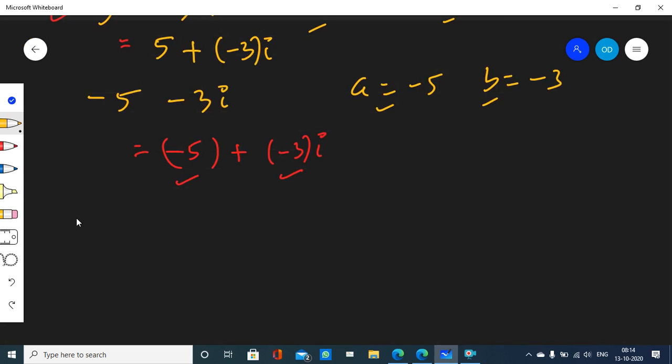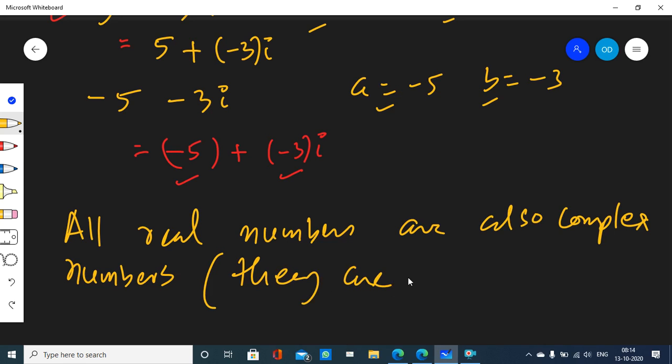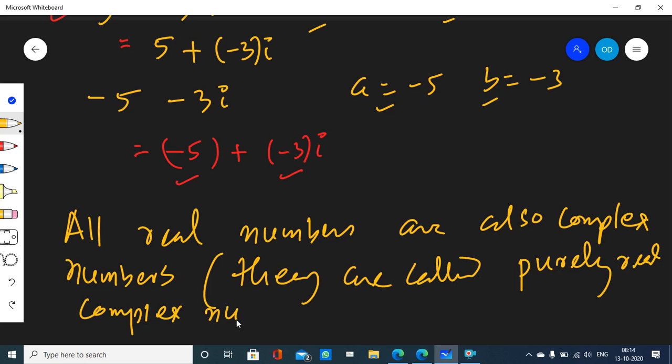What else we discussed? We also discussed that all real numbers are also complex numbers, and they are called purely real complex numbers.